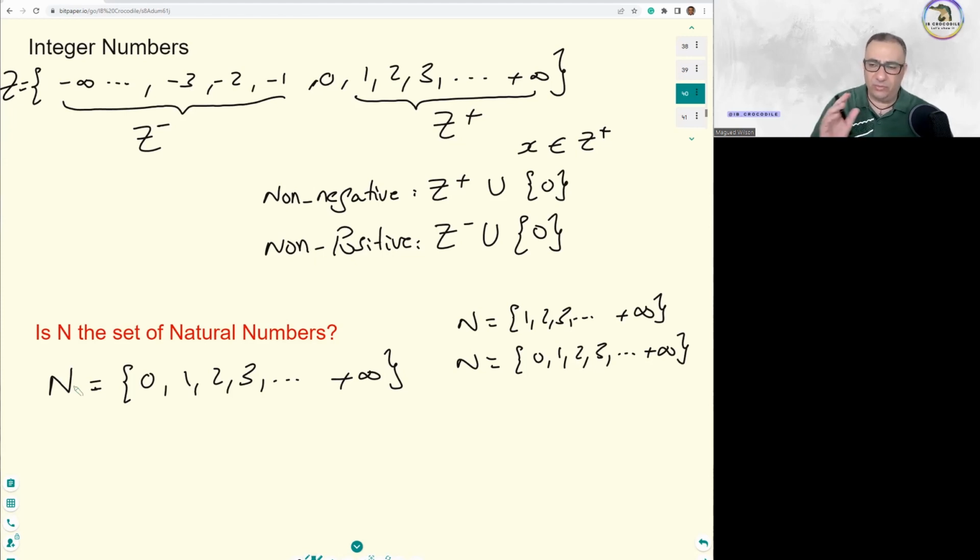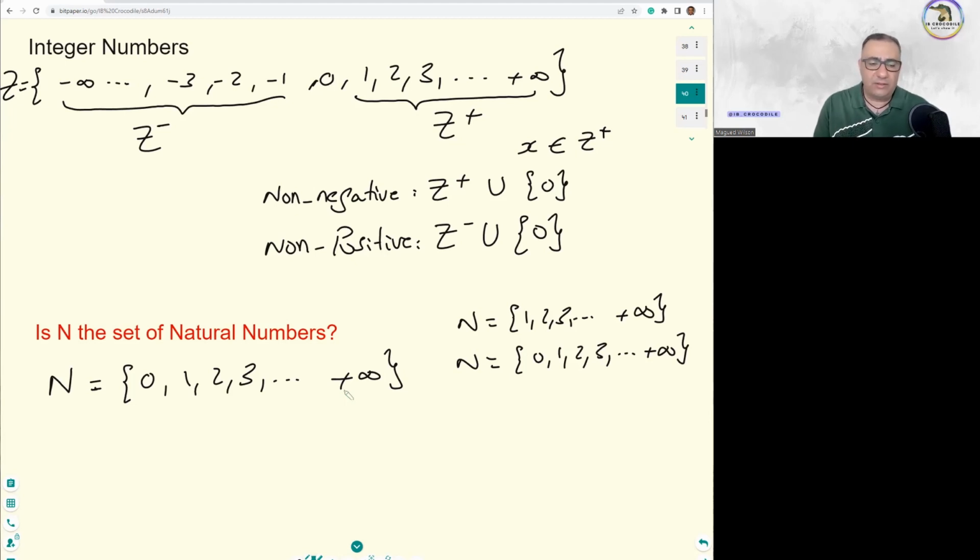But anyway, if you see anywhere in a question that x belongs to N, then N represents the set of non-negative integers: 0, 1, 2, 3, ... to plus infinity. It is not the set of natural numbers. We call it just N.